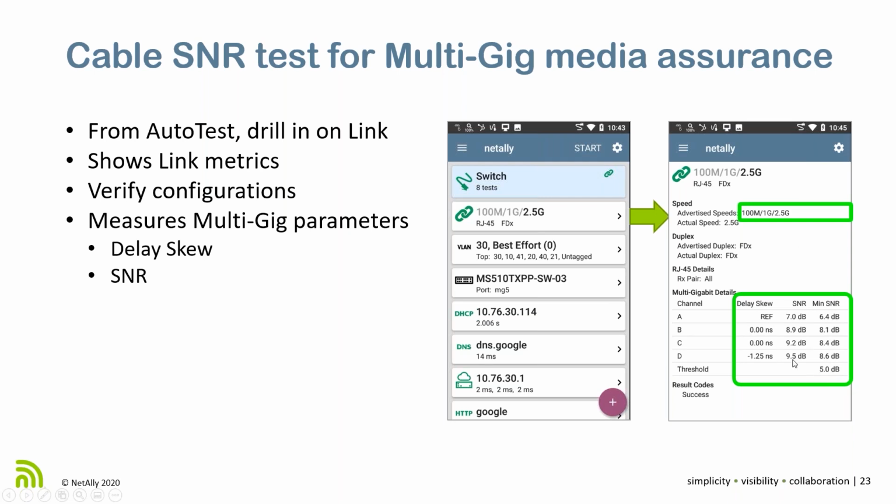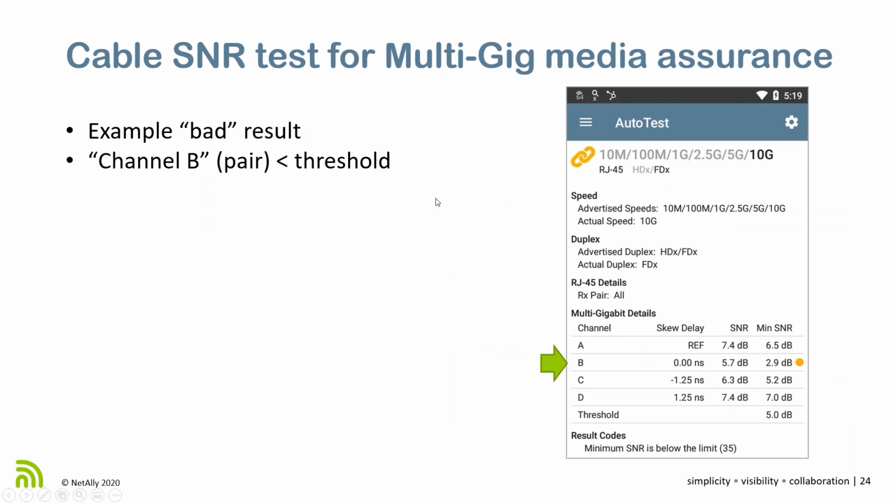And if everything's fine, great. The default threshold is 5 dB, but if that fails, you can see what that looks like if there's a failed result or a parameter that does not meet that threshold.